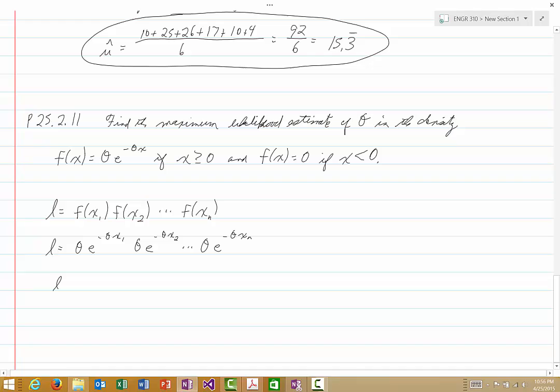And that could be written more compactly in this way. We have n terms here, so we have n thetas multiplied together, so that will give us theta to the n power, and then we can combine all these exponential terms and have e to the minus theta times x1 plus x2 plus dot dot dot plus xn.